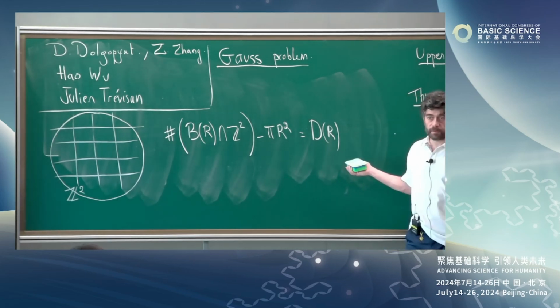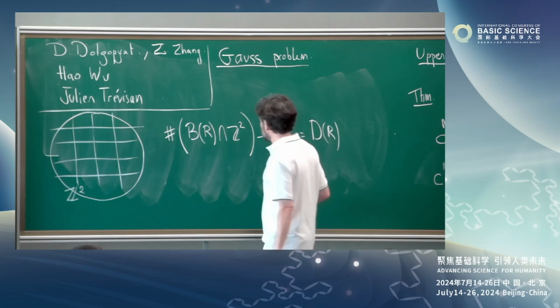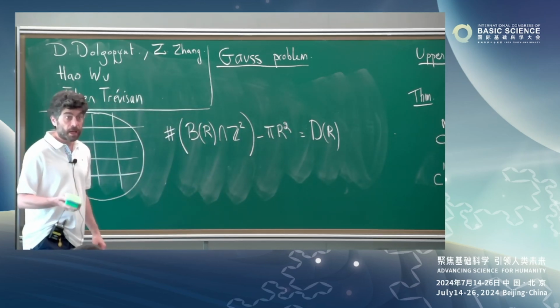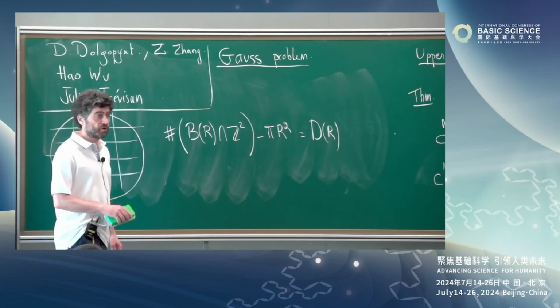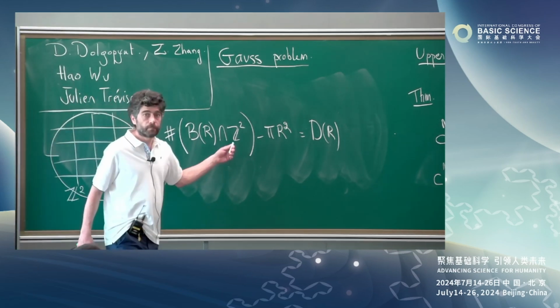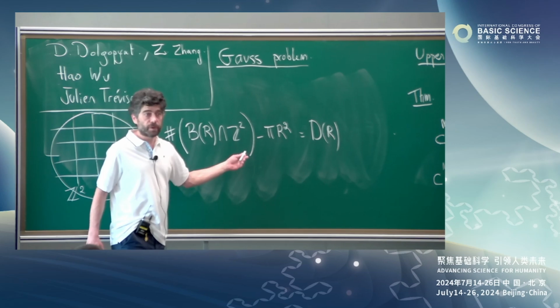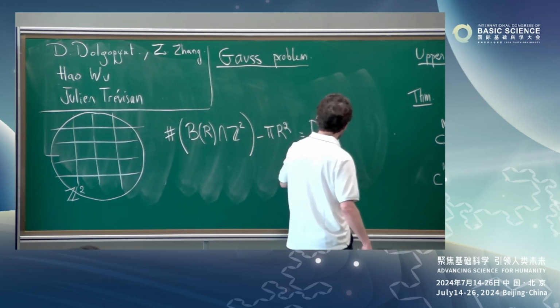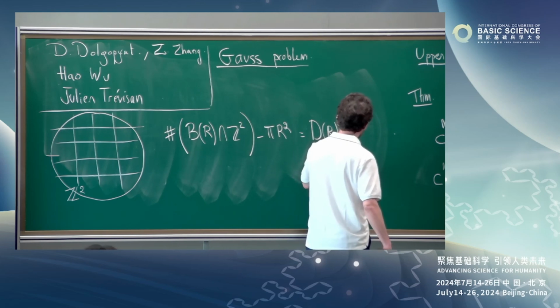Again, it's a discrepancy, and you want to evaluate it. Gauss showed that it is at most of order R. And Hardy asked the question whether it is O of R^(1/2 + epsilon).